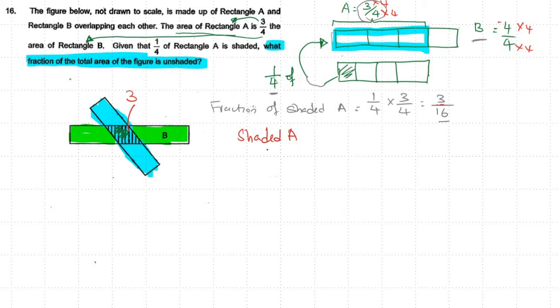This is 3, right? Then area of A, this portion here, is actually 12, when I combine everything into over here, okay? Then area of B, because the whole bar is area of B, right?